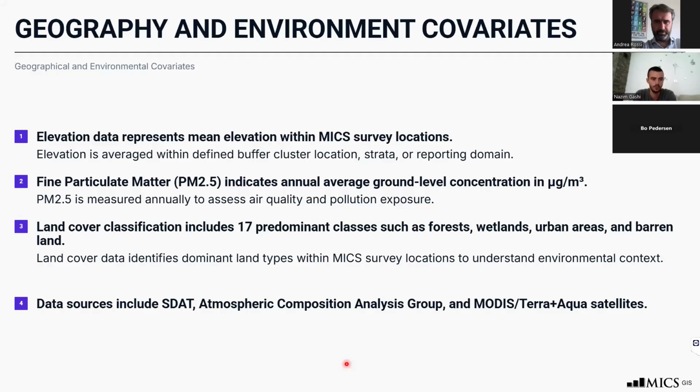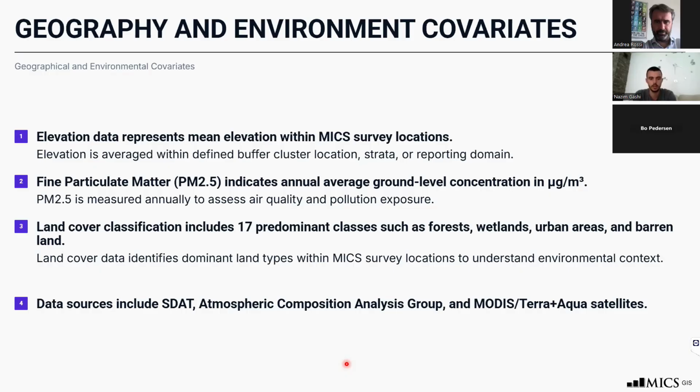And then we have fine particulate matter, so PM2.5, which indicates the annual average ground level concentration and is measured annually for air quality and pollution exposure for MICS children.